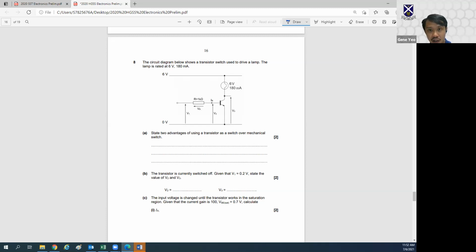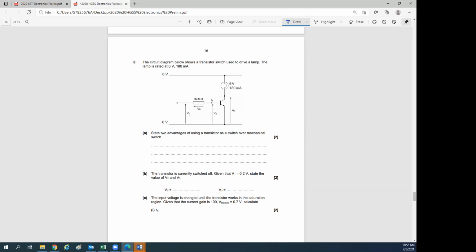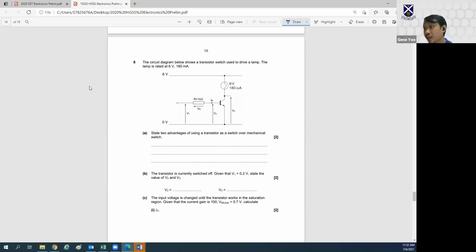Can you just indicate using an emoticon? Ashwin says no need. Okay, I don't see anyone raising their hands. Sir, sorry, can we go through 8A? 8A, just 8A. Okay.